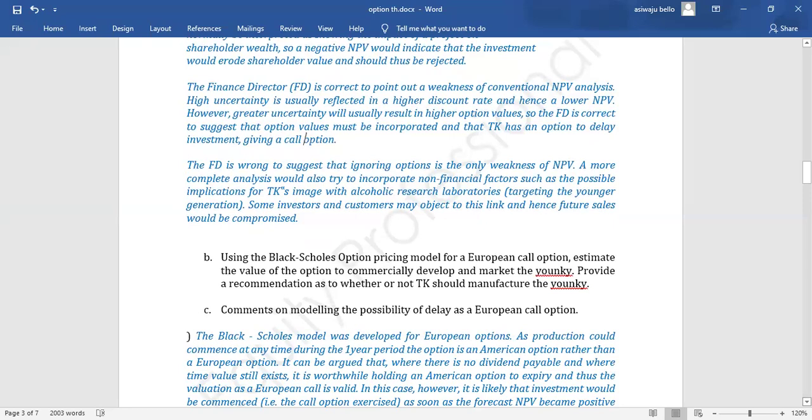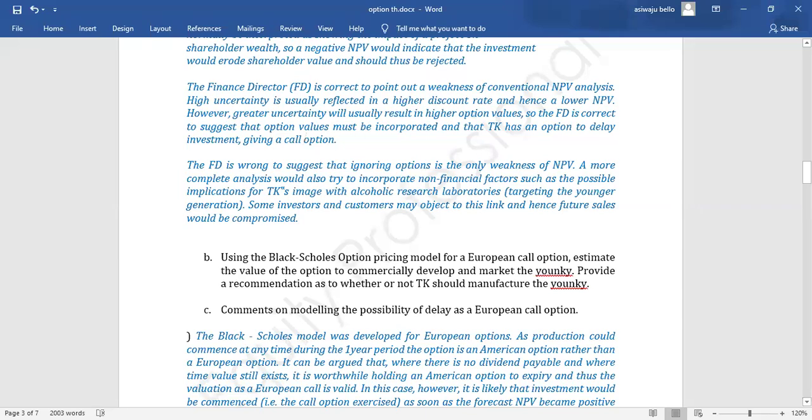Provide a recommendation as to whether or not TK should manufacture the Yankee. Now, from what we have read, the company has a choice to delay the project for 1 year. So this question is on option to delay. Now, if you are dealing with option to delay, you have 3 steps.